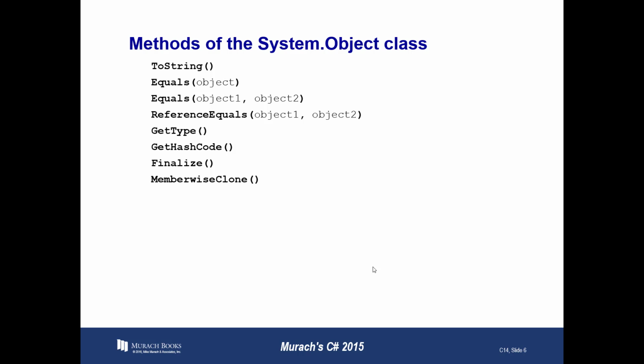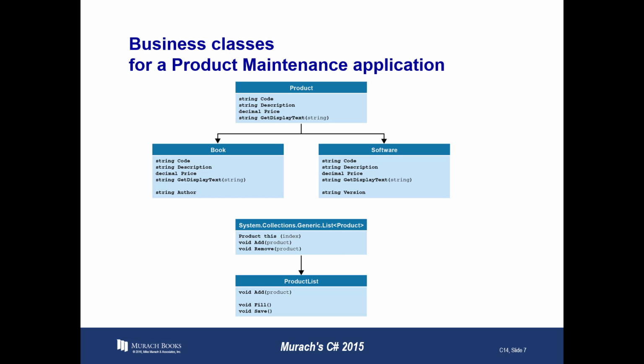To be honest with you, the one that I've used probably 99% of the time is ToString. By default, if I say WriteLine and give it the name of an object, usually I'm either going to get some gibberish, or I might get the address of where the object lives or something else. But by overriding the ToString method, I can have it print out whatever it is I want to print out.